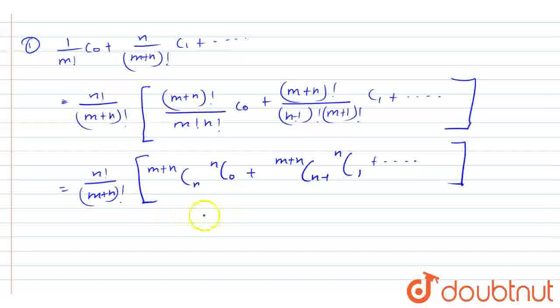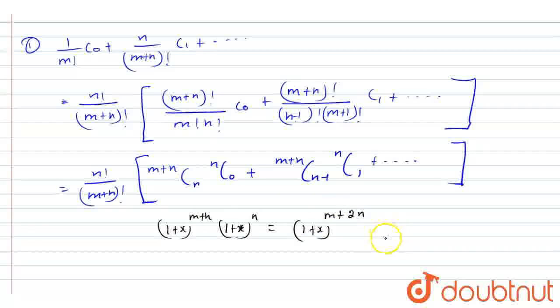Okay students, now I am going to write the coefficient rule here. So (1 plus x) whole power m plus n into (1 plus x) whole power n is equal to, the bases being the same, (1 plus x) and the powers added, so m plus 2n.